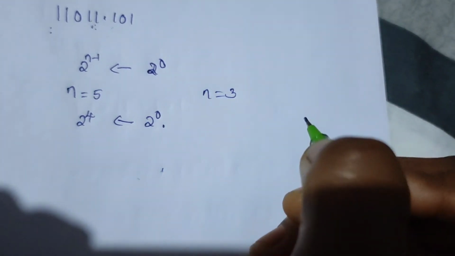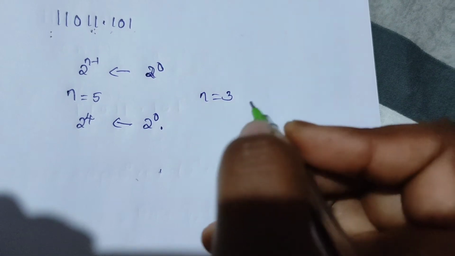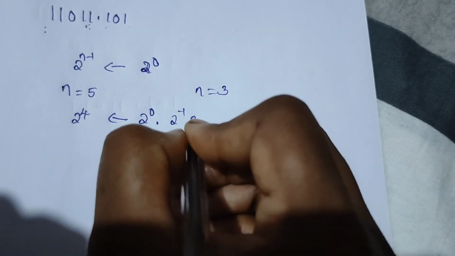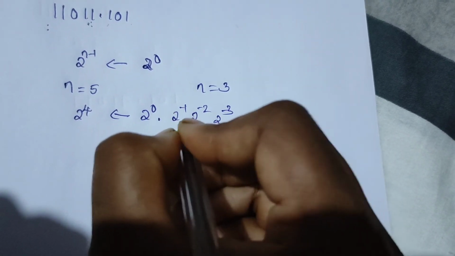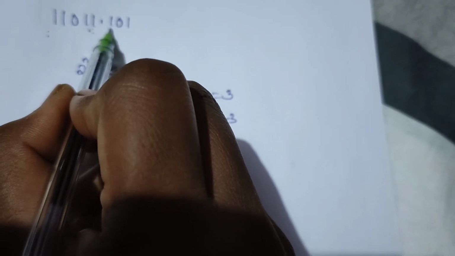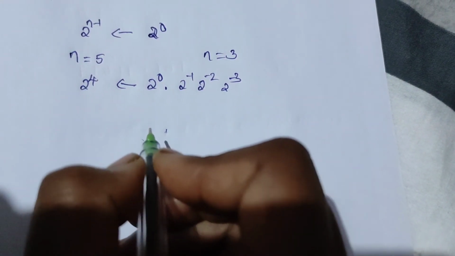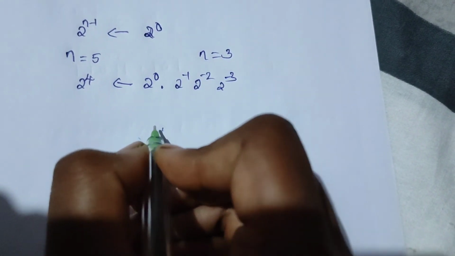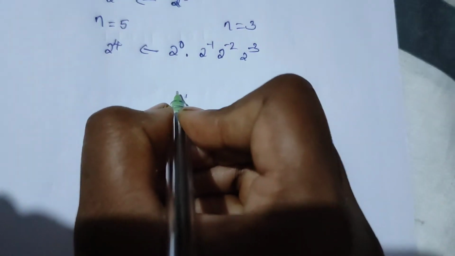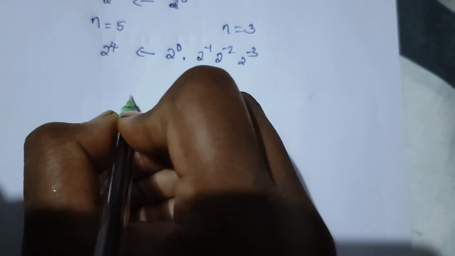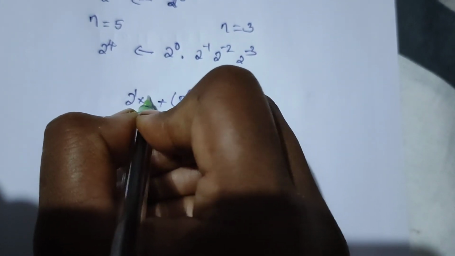So we will have 2 power minus 1, 2 power minus 2, 2 power minus 3, which will be multiplied with the corresponding fractional bits. We will do first the non-fractional bits, multiplying with positive powers increasing from 0 to n minus 1 with the corresponding bits.